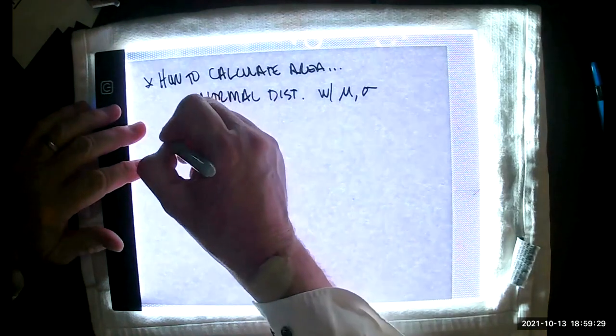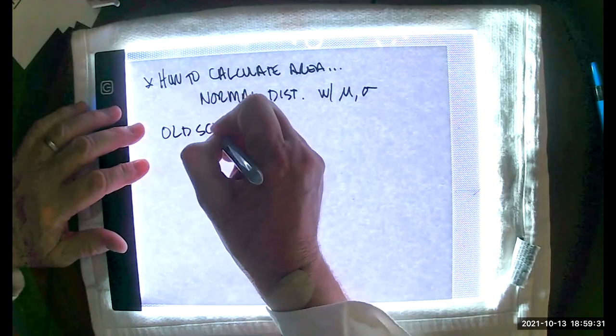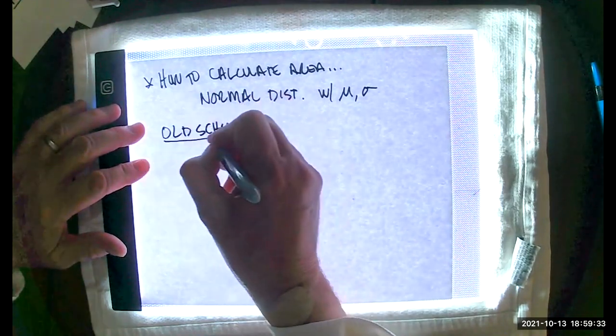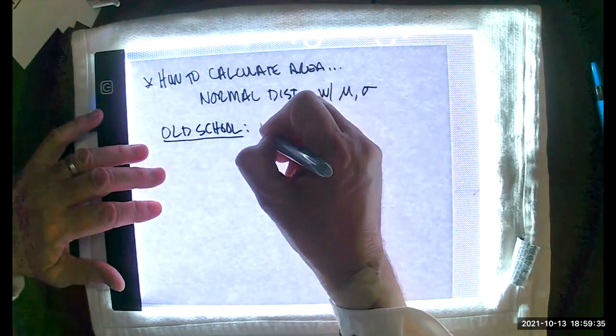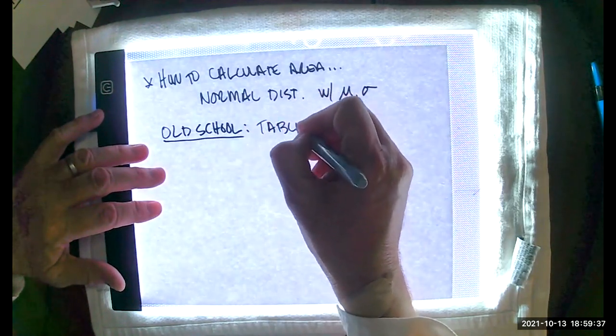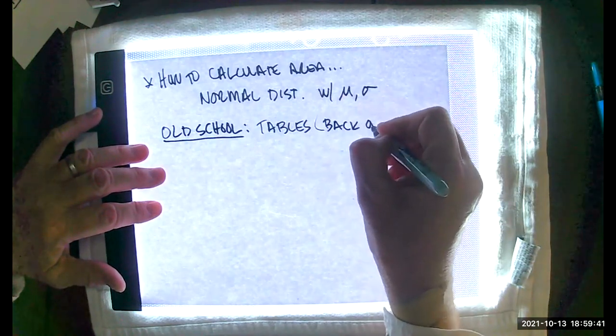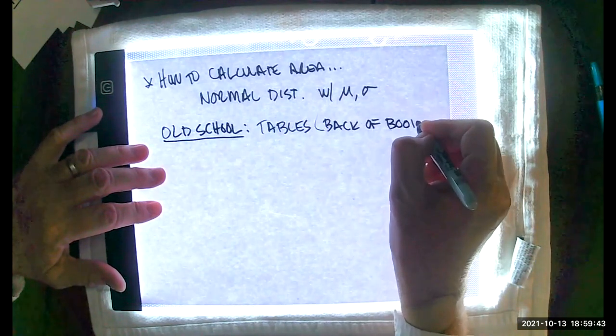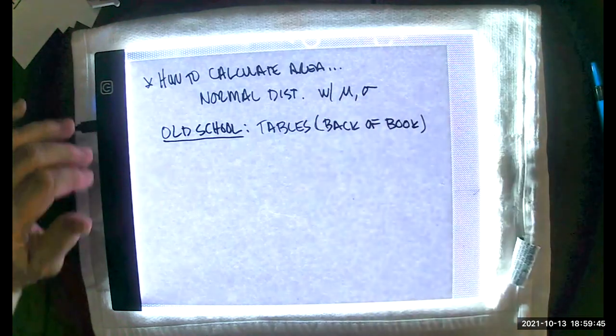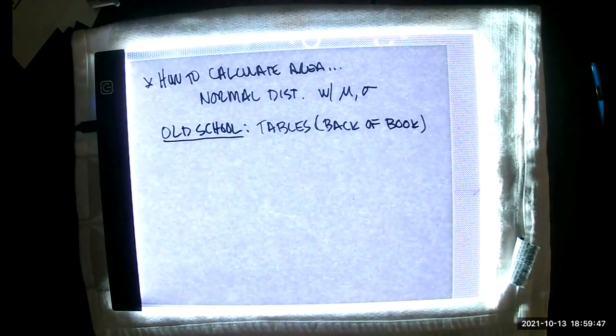Now, old school, we have some tables in the back of the book. I'll be honest, I'm a bit unsure as to why we still incorporate tables in the back of a stat book.